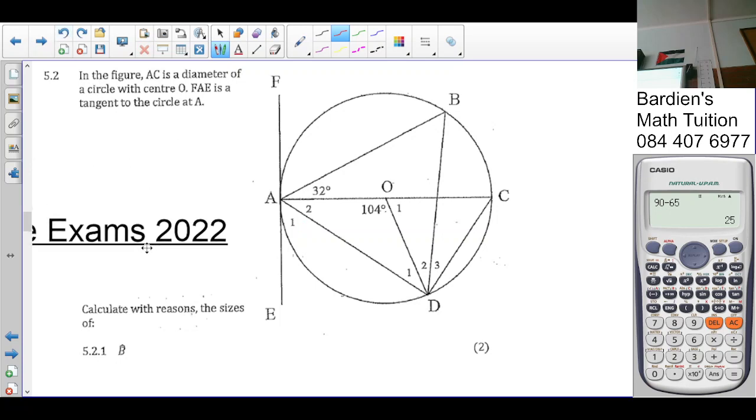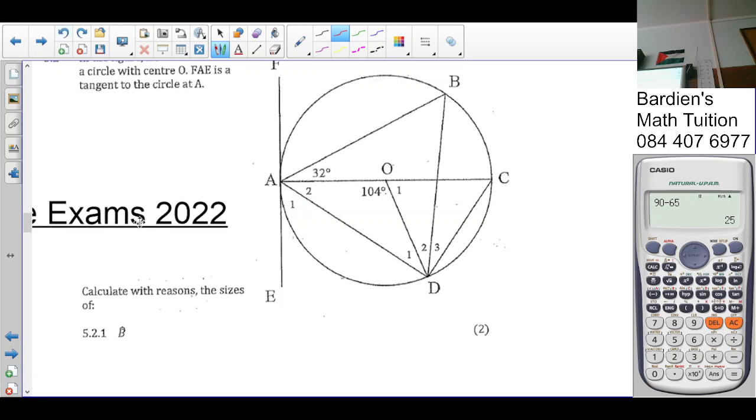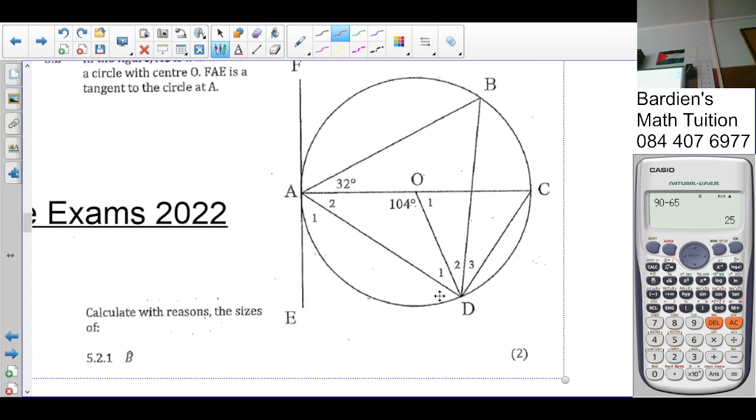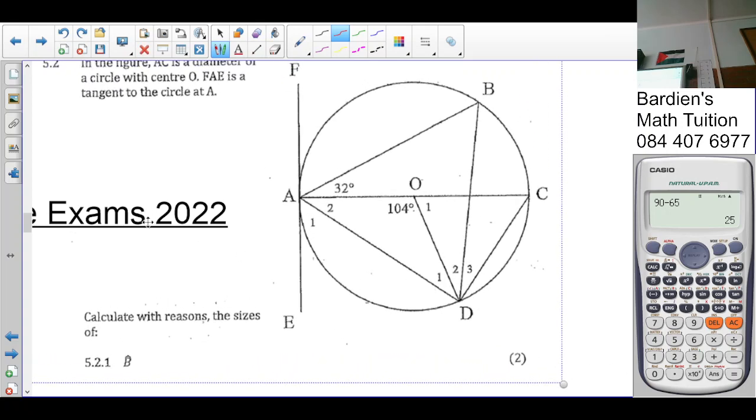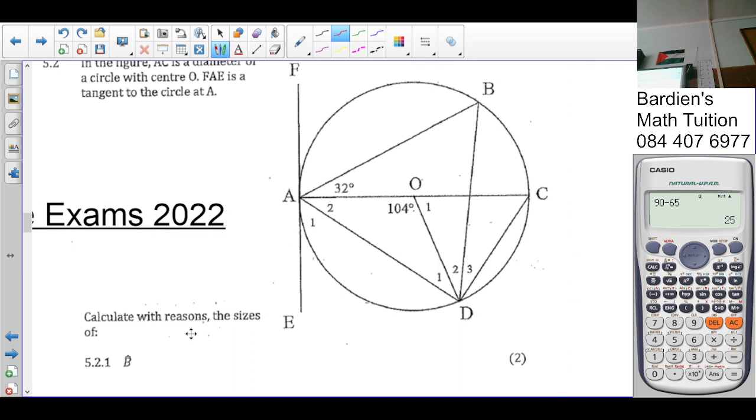Alright. First question. It says calculate with the reason the size of angle B. So angle B, as you can see, angle at center is twice angle at circumference. So it's going to be a half of 104.